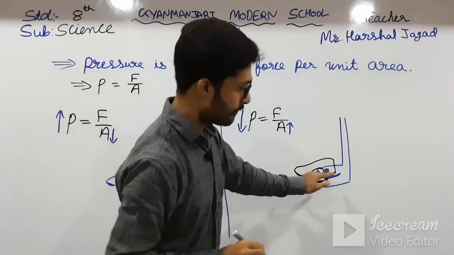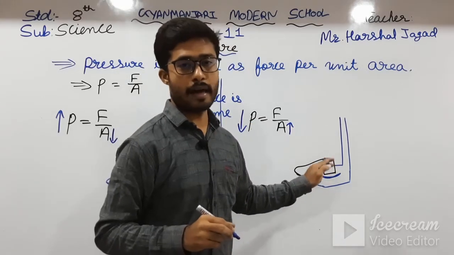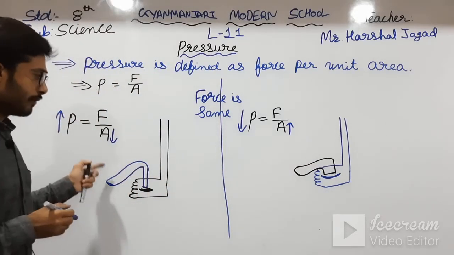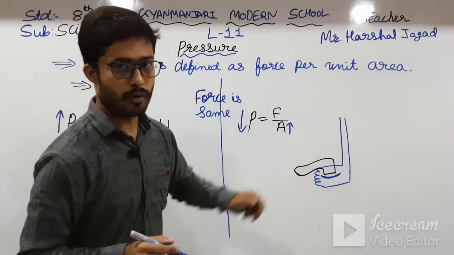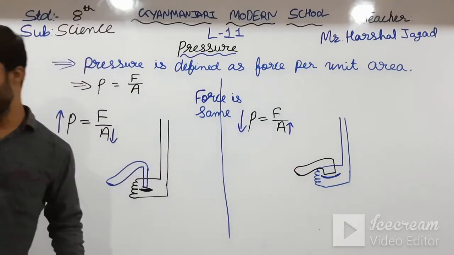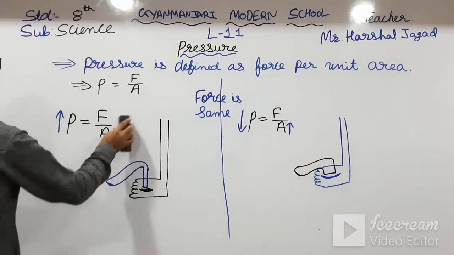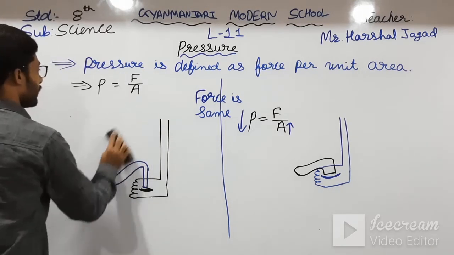So here it will not hurt as much. In the first case it will hurt more, and in this case it will not hurt more. So this is pressure, how the pressure is increased and how it is decreased.